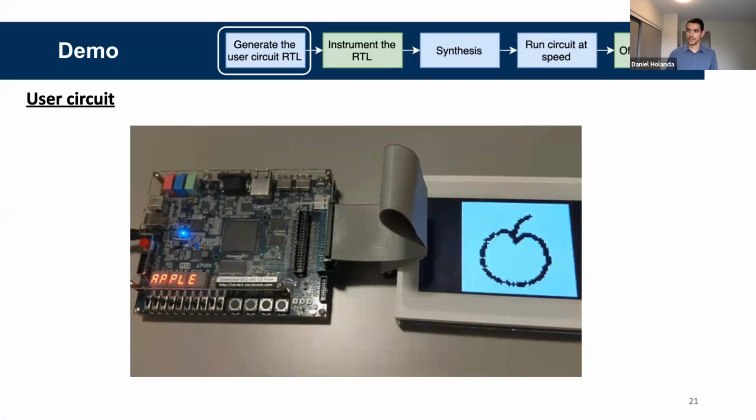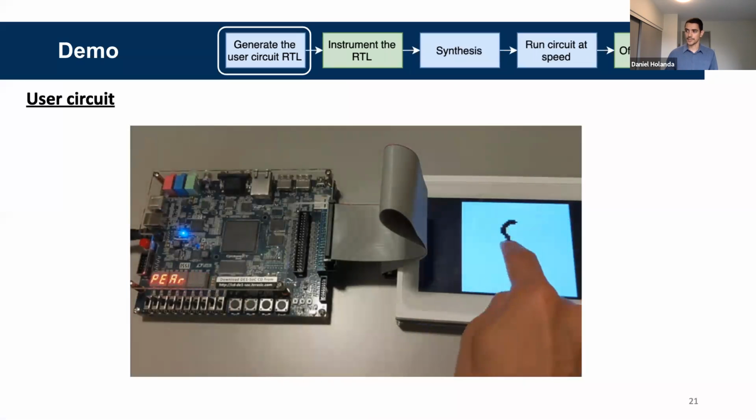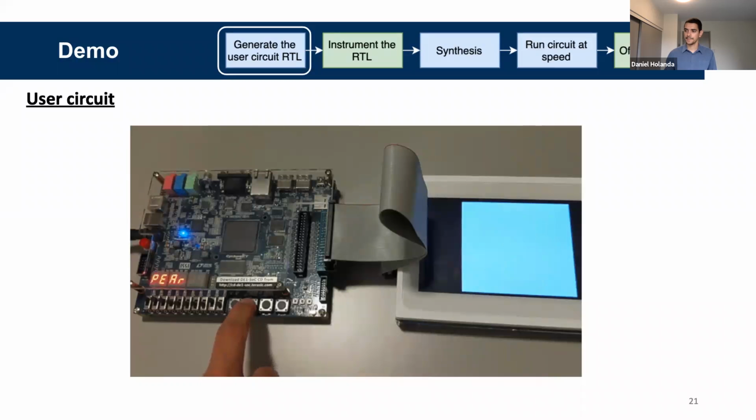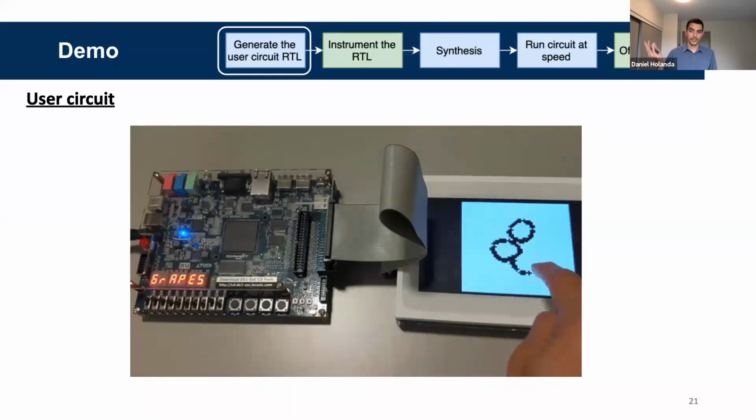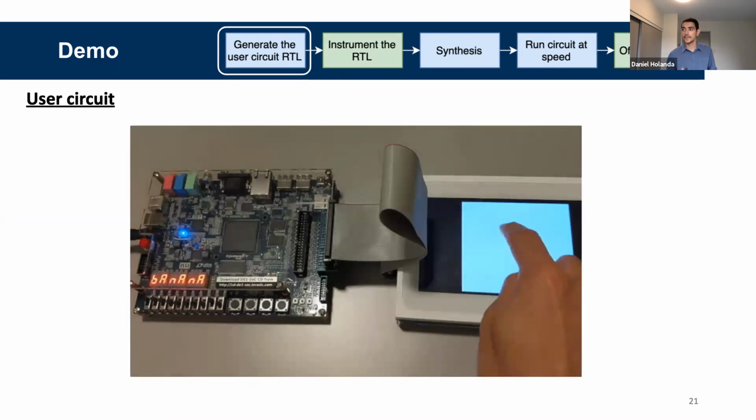Hopefully that's not too slow on the presentation. If you draw a pear, you'll see pear. If you draw a pineapple, we'll show pineapple, and so on. So this is the circuit that we're going to be debugging today. And if you're interested, all of this code is also open source, and I can point you to the link later.